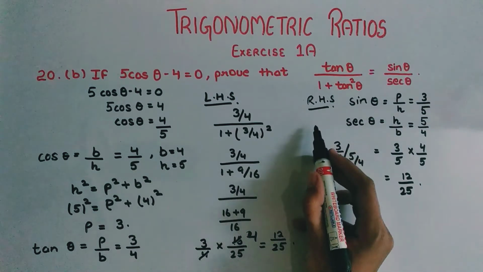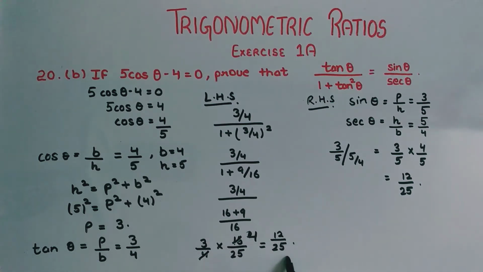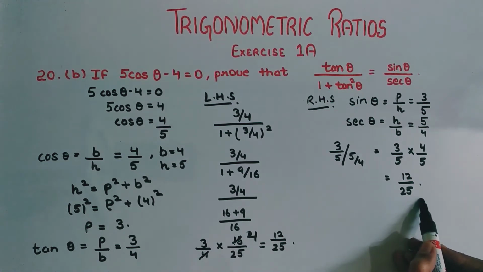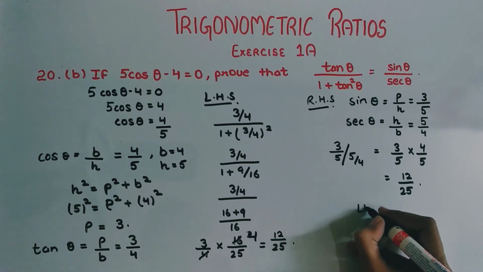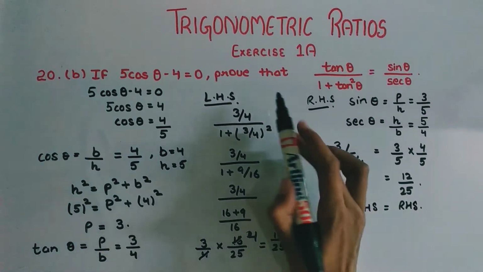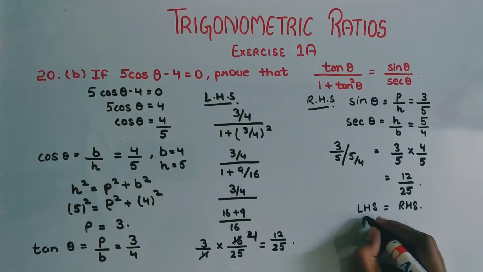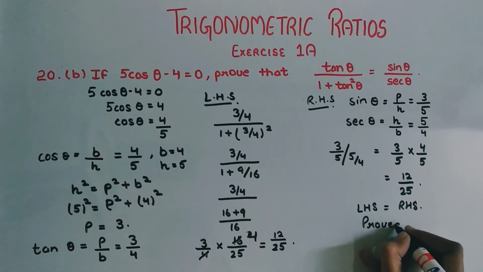Value of right hand side is 12 divided by 25. Now we can see that the value of left hand side and right hand side is equal, hence left hand side is equal to right hand side, and that is what we had to prove, hence it is proved.